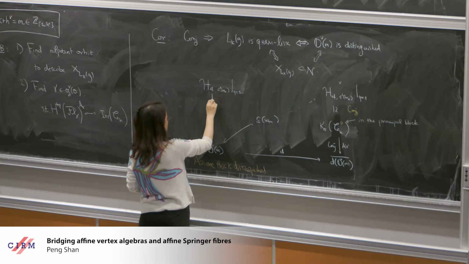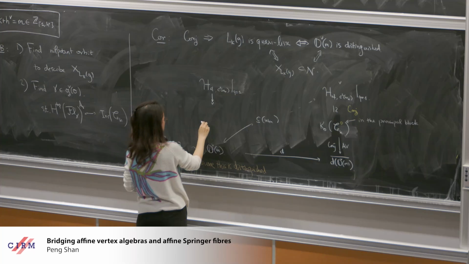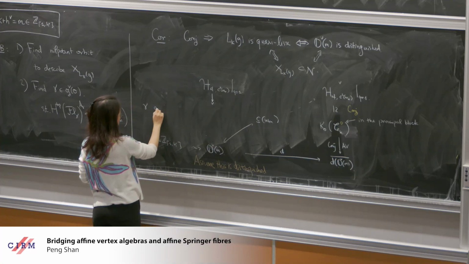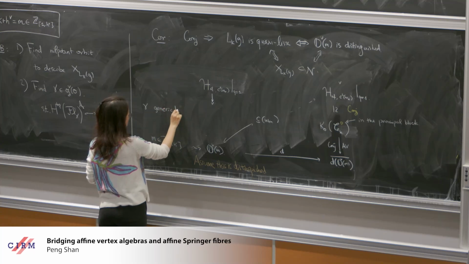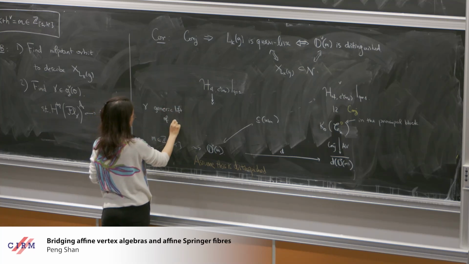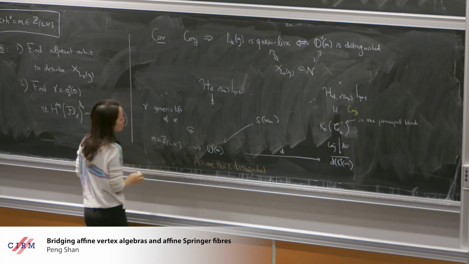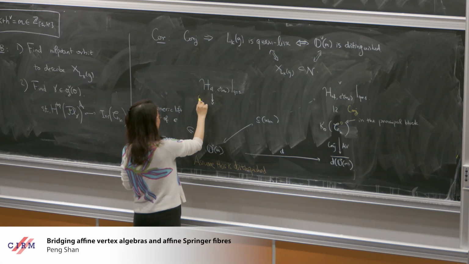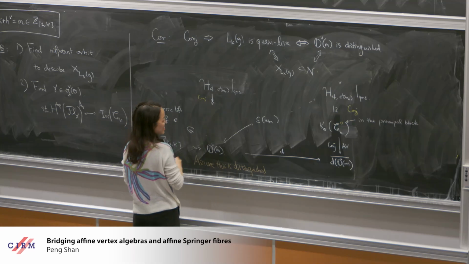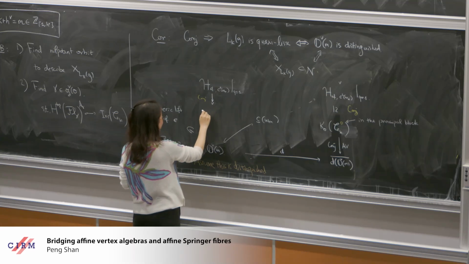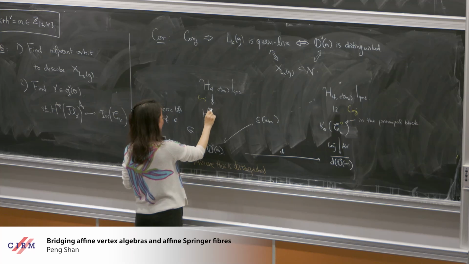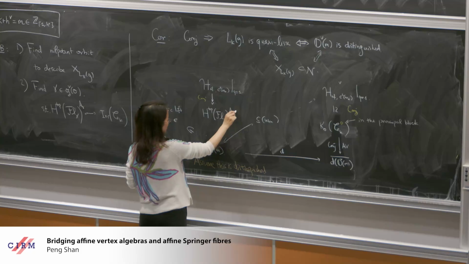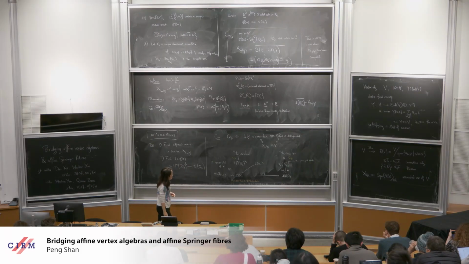And this is supposed to surject onto, okay, I take gamma to be a generic lift of an element in here, and then this is less of a conjecture than that, but it's supposed to map onto the H top of this affine Springer fiber, invariant by some component group.